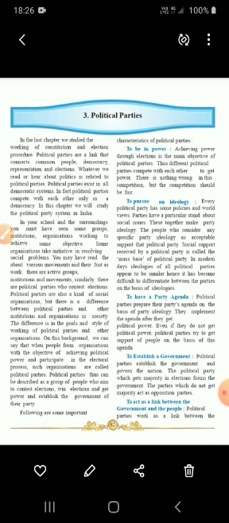Unless they contest any election, there is no use of establishing that political party. So first they are supposed to form an organization, contest elections, win elections, and lastly form government. This is the main criteria of political parties. Now we will see the following important characteristics of political parties.